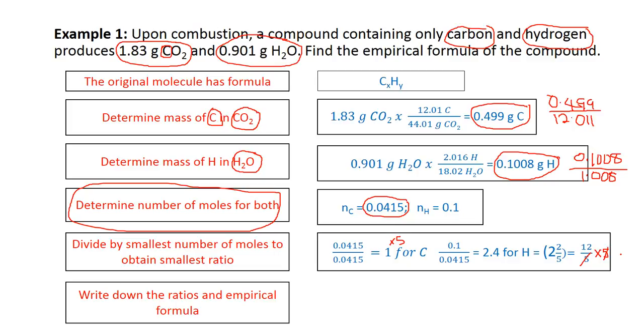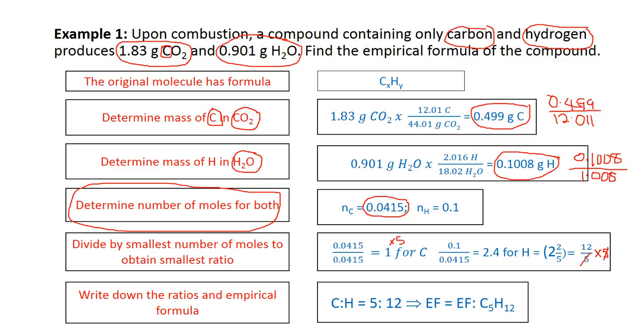So what I'm saying is, for every 5 carbon, there is 12 hydrogen. And this gives us our empirical formula, C5H12.